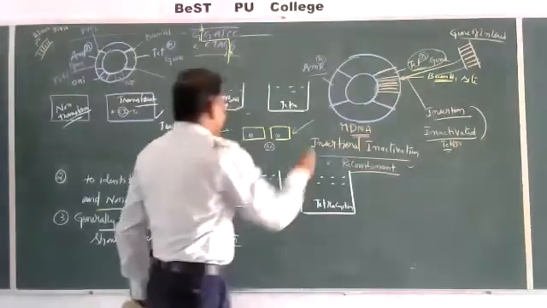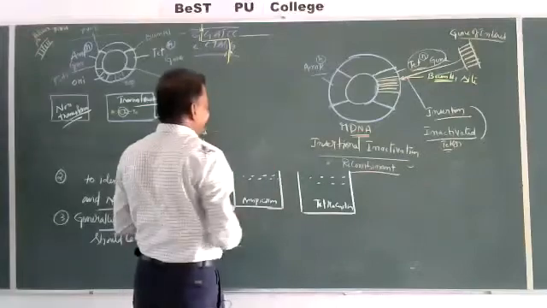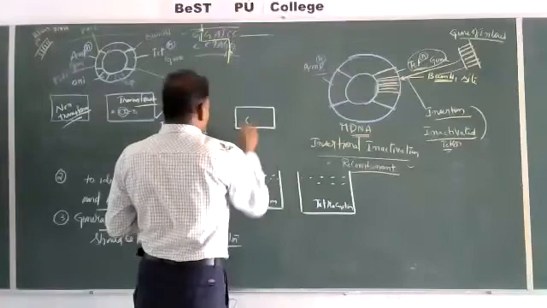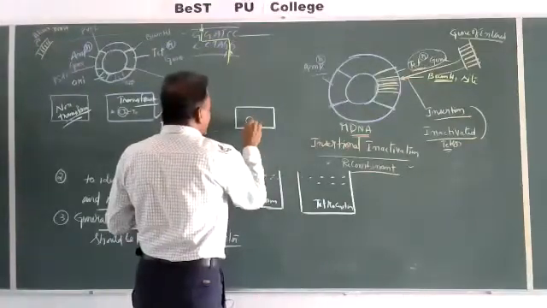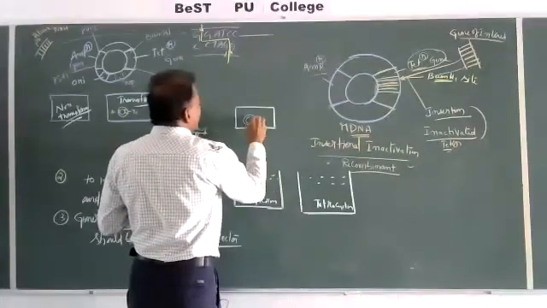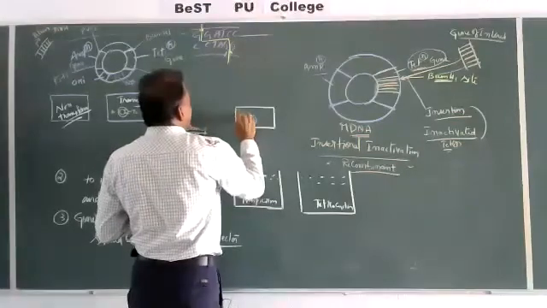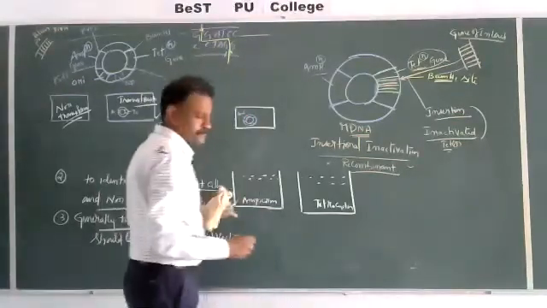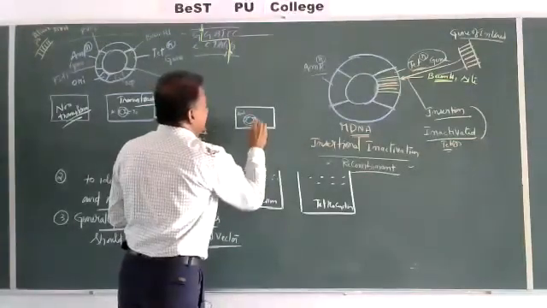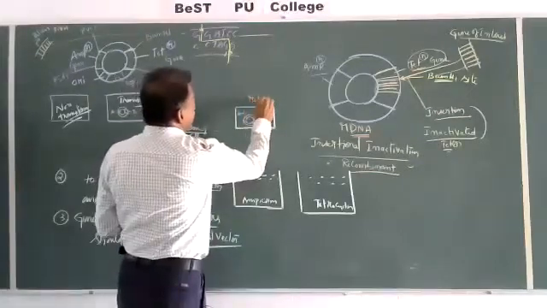A bacteria which has a plasmid ampicillin resistant, but tetracycline resistant gene is absent. So it is called recombinant.